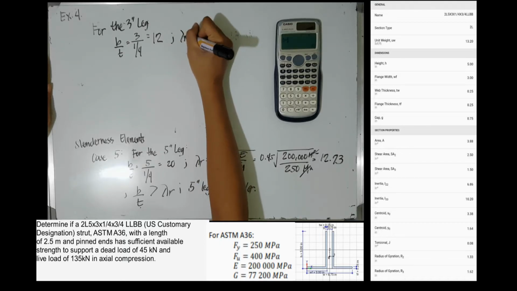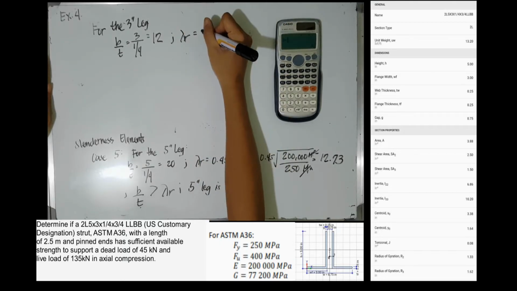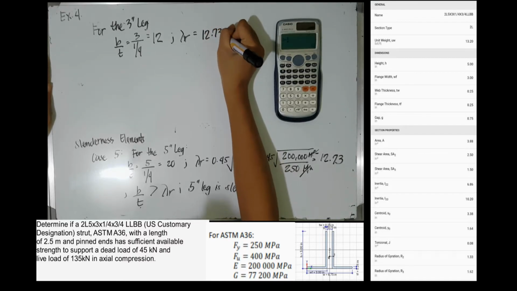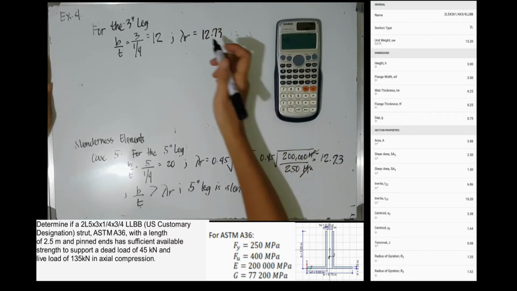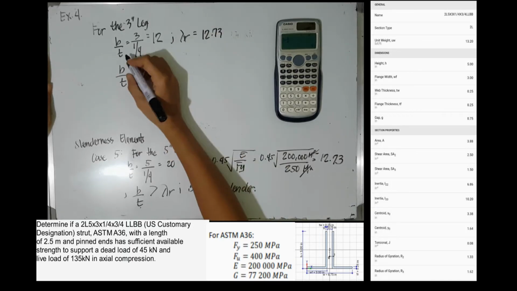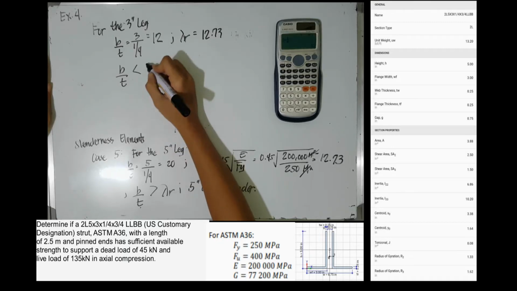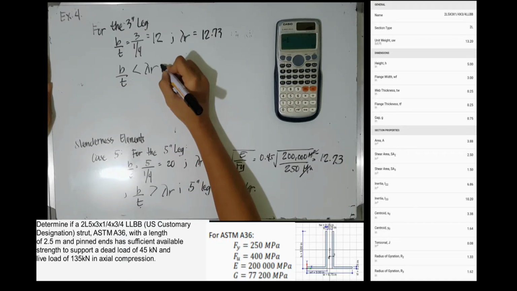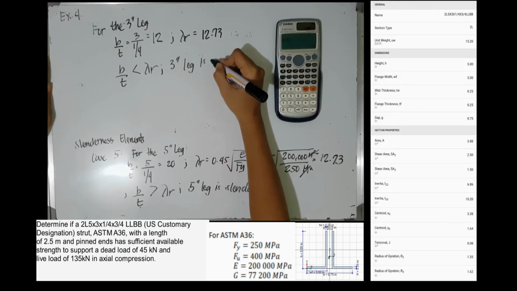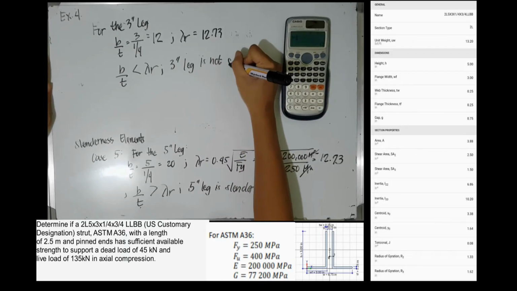And yung lambda r naman niya, parehas lang. So 12.73. Same as the one that we've solved earlier. So width thickness ratio is lesser than our limiting parameter. So the 3 inches leg is a non-slender element.